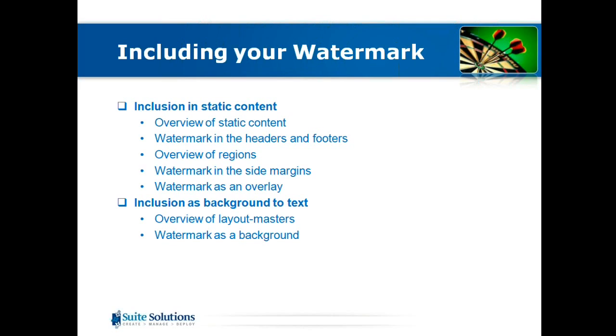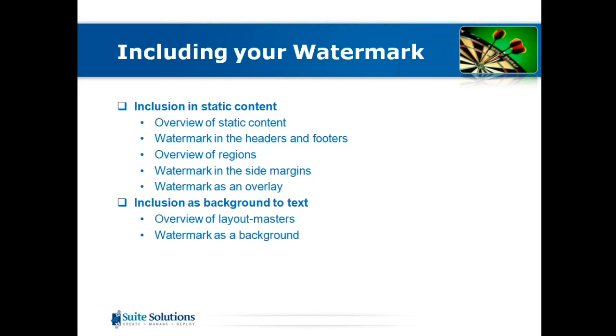What are we going to be discussing in this section? We'll be discussing inclusion in static content, which is one use case of how to implement the scenario. We'll be giving a quick overview of what static content is, discussing how to implement it in the headers or footers.